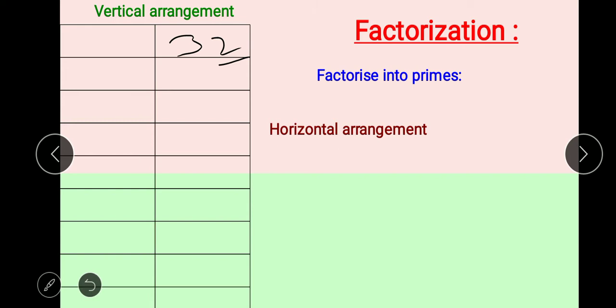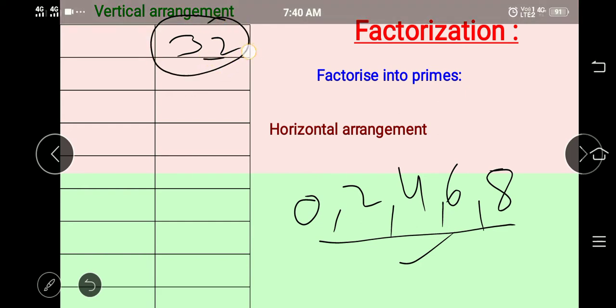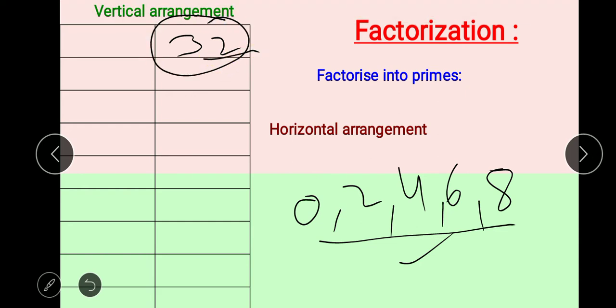If the last digit is 0, 2, 4, 6, 8, any one of these numbers, we can say the number is divisible by 2. Here, when you see 32, the last digit is 2. Yes, 2 is there. That means the number is divisible by 2, students.